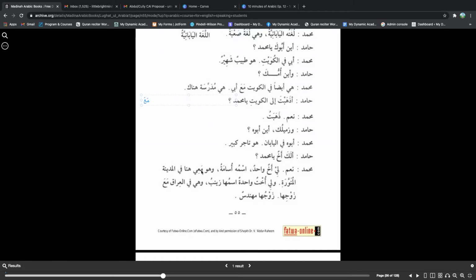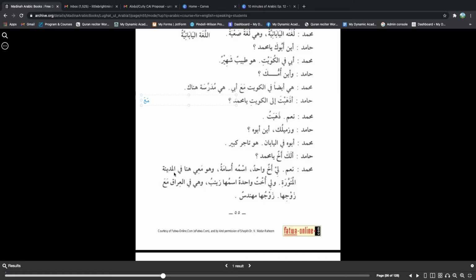When you make it with me and add this ya, then the ayn gets a kasra. With other possessive pronouns like ka, ma'aka, ma'aki, ma'akum, ma'ana, it retains the fatha over the ayn. But when you add ya, the ayn gets a kasra. It changes, so just pay attention to that. So huwa ma'i. All the ya does is elongate the sound of the kasra. Huwa ma'i. He's with me.